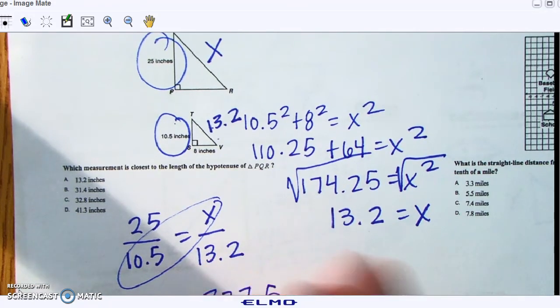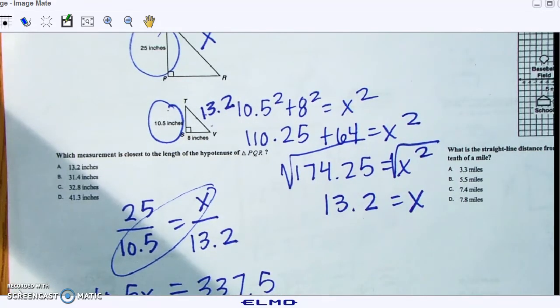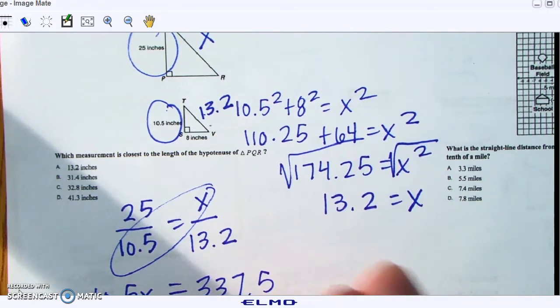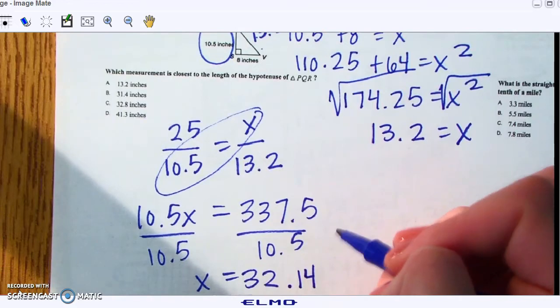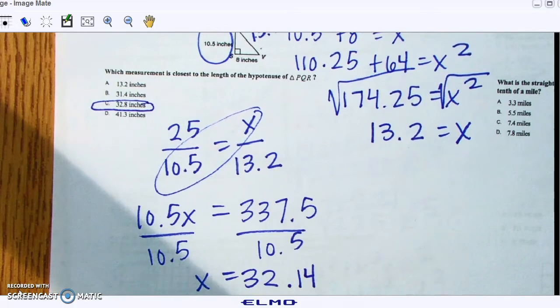Divide both sides by 10.5, x is equal to 32.14, sorry, is what I got, which looks like C.